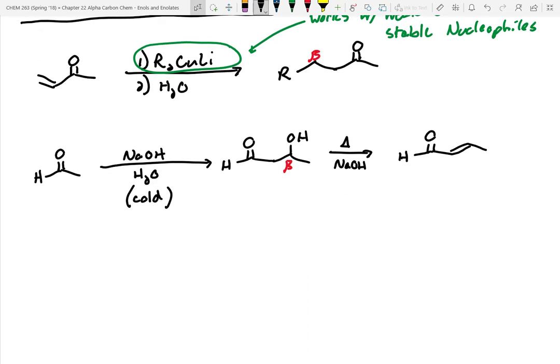And then conversely, we saw a reaction that had esters rather than aldehydes. Just like we saw with the previous reactions, you have to use the base that corresponds to the ester. You treat this with water at the end.